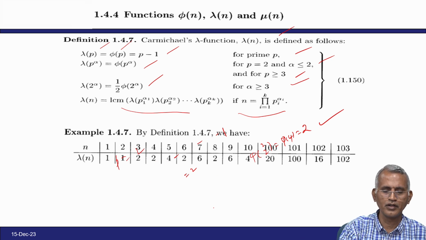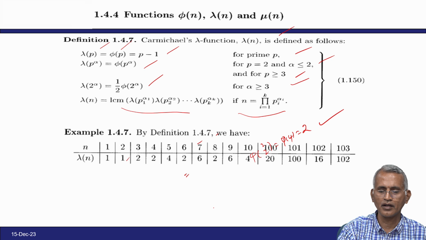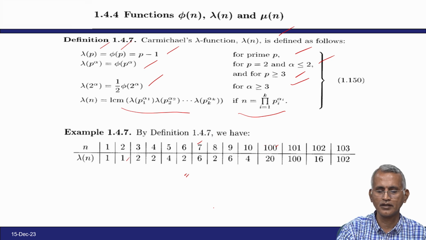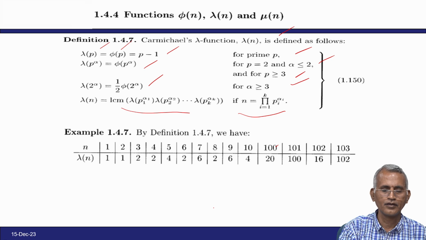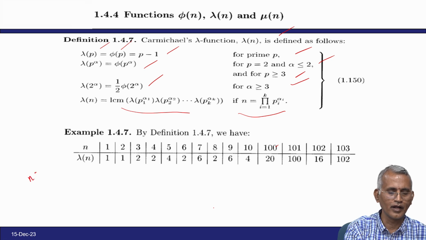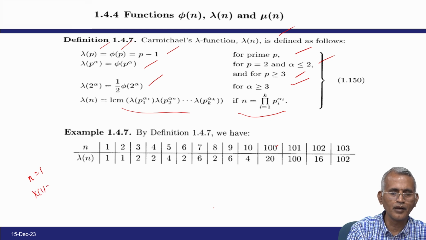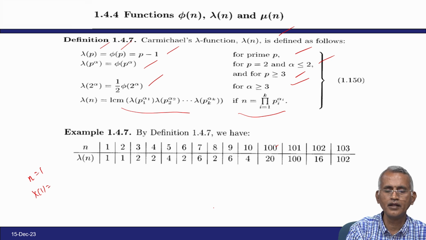Now we will go through each number using these ideas. You take n equal to 1. So what is lambda 1? Lambda 1 is a prime case, so for prime p it is true, only 1.